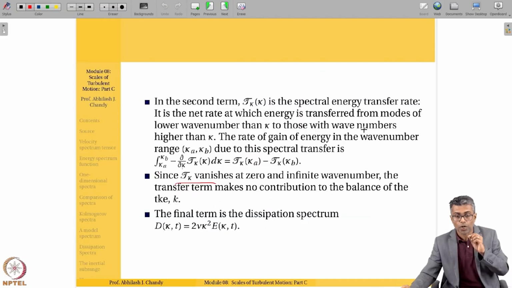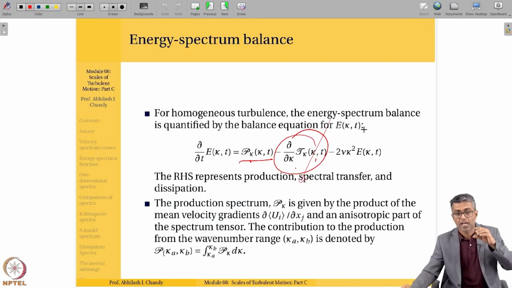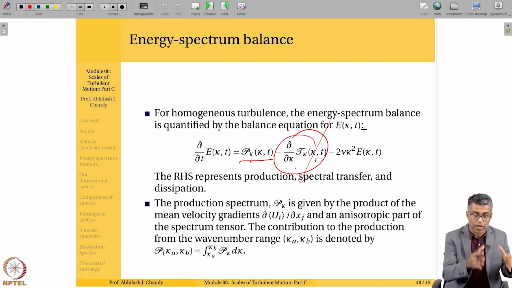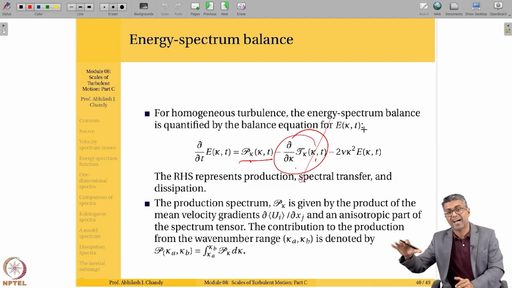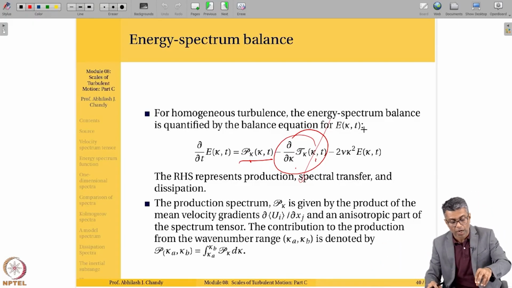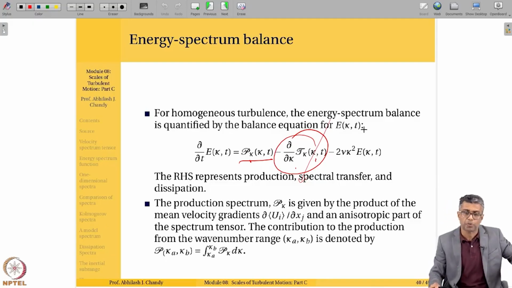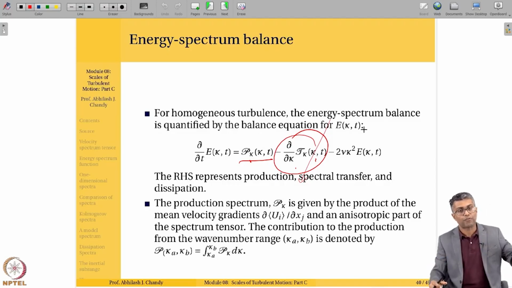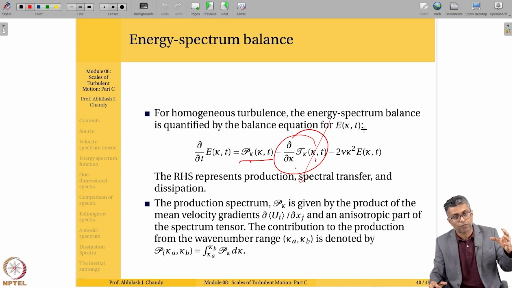But here what you have to understand is, in the energy spectrum balance is made up of 3 terms: the production, the transfer, and the dissipation. The production part is Pk, which is where the energy is produced, right? And the energy produced means what? If you have a jet flow, the fluid is coming in through the nozzle.